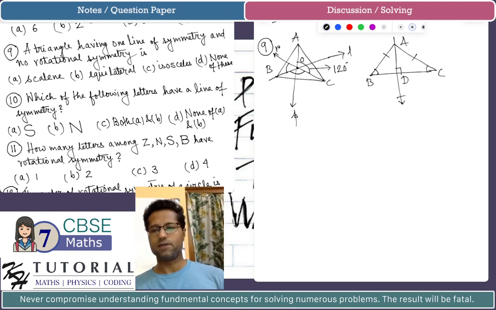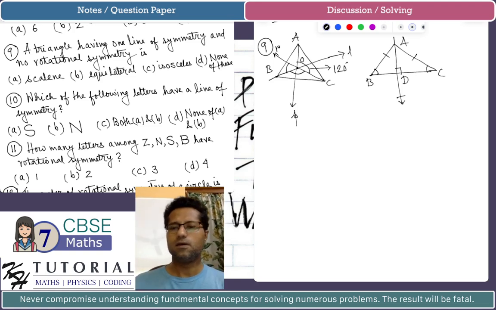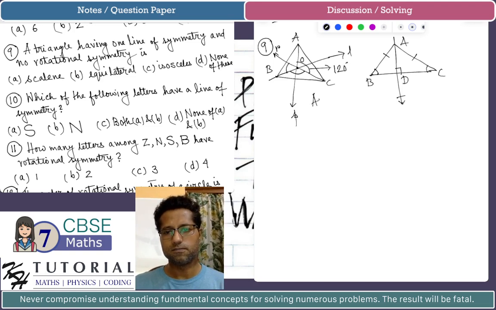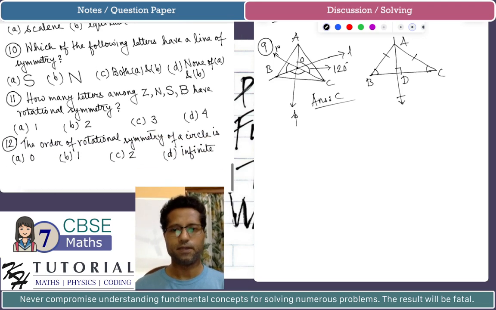So an isosceles triangle has only one line of symmetry, which is the bisector of the angle included between the two equal sides, and an isosceles triangle has no rotational symmetry. So the choice is C, isosceles. Let's do problem number 10.